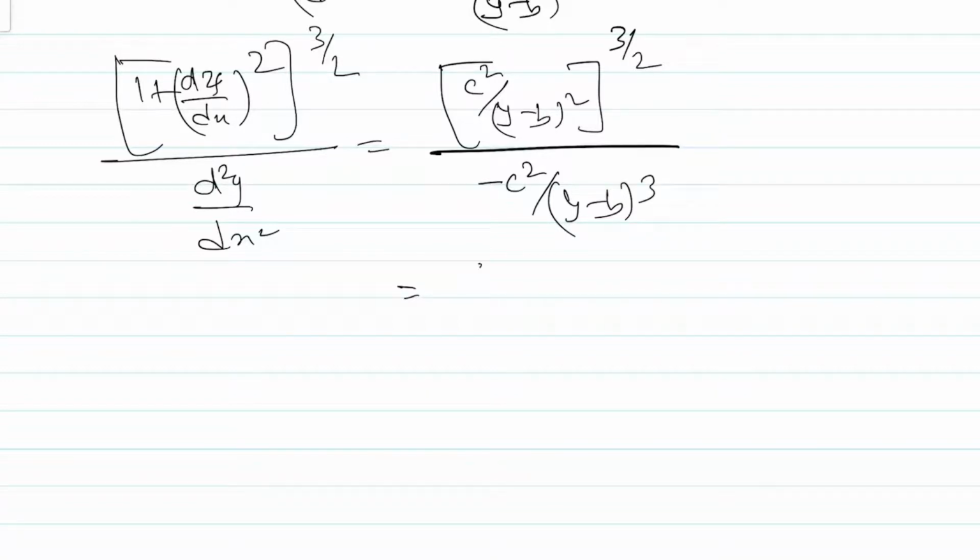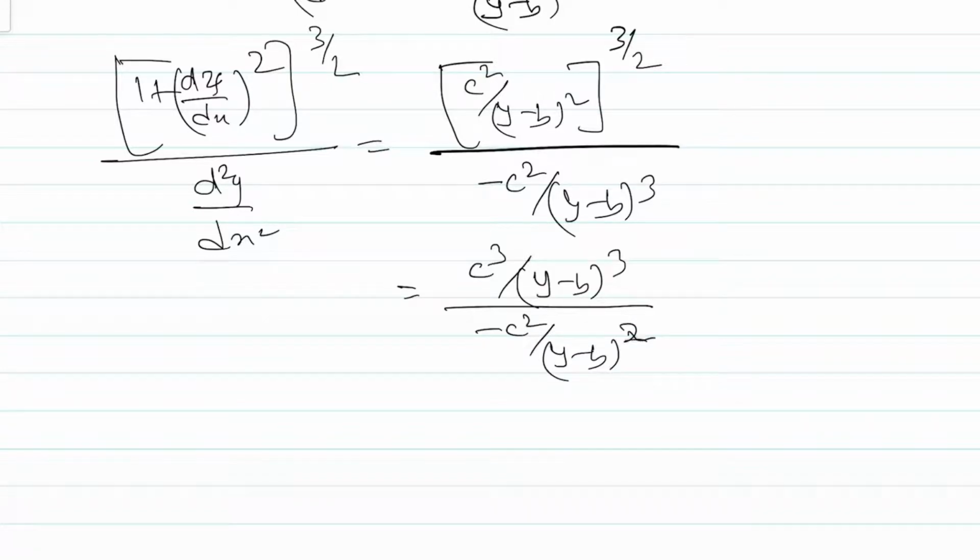After simplifying, the numerator will be c³/(y − b)³, and the denominator is −c²/(y − b)³. So our final answer will be −c, which is a constant. So we have proved that this expression is a constant independent of a and b. There is no a and b in the final answer.